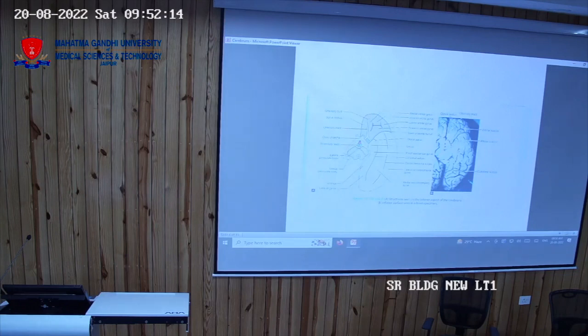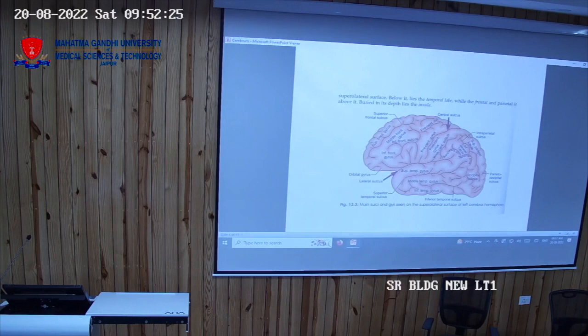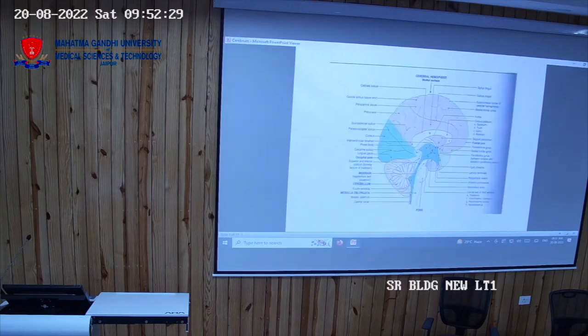Beside this, I am telling you some important parts. The paraterminal gyrus. I am talking of this part. As I told you previously, the central sulcus is extending on the medial side, to some extent to the medial surface of the cerebrum.